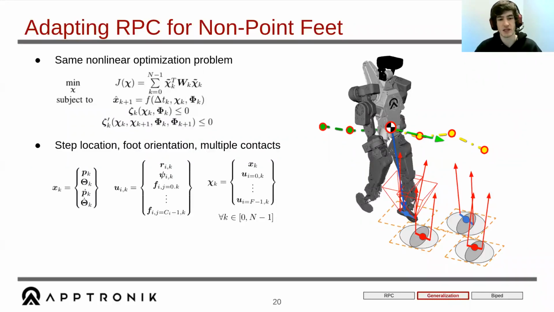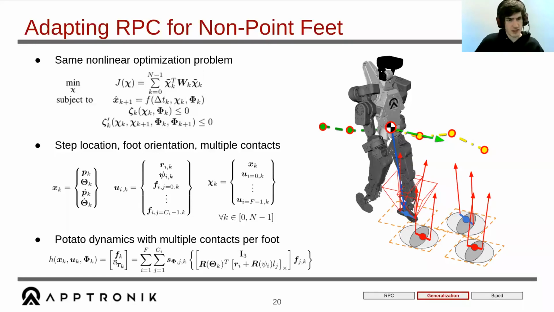You just have to add an extra decision variable for the orientation of the foot and a designation for where on the foot the robot can actually generate force. So in this case, we have this sort of line plane foot. So I decided to give it a toe and a heel, basically. And those end up being constrained together by this foot orientation heuristic and a simple distance between each of them.